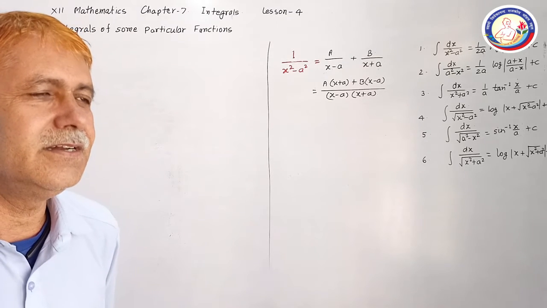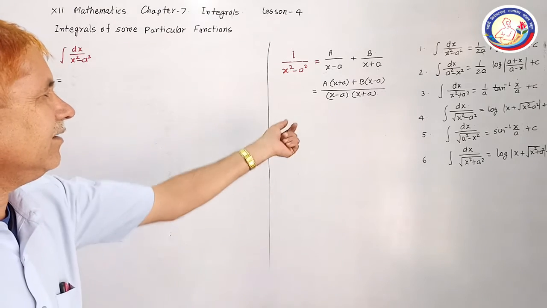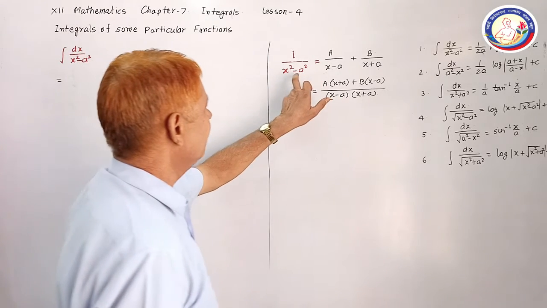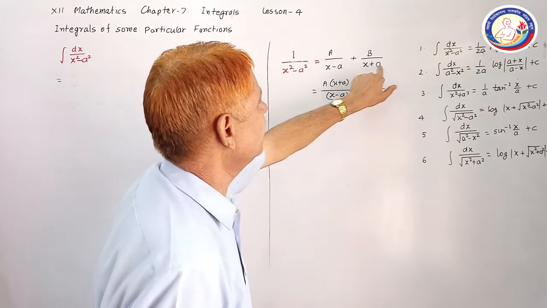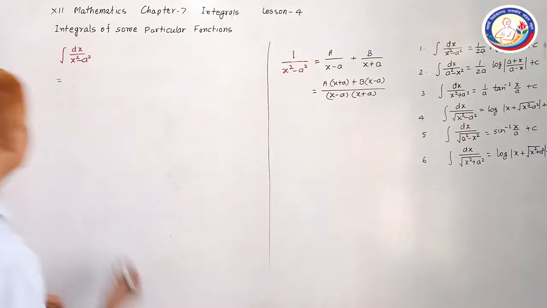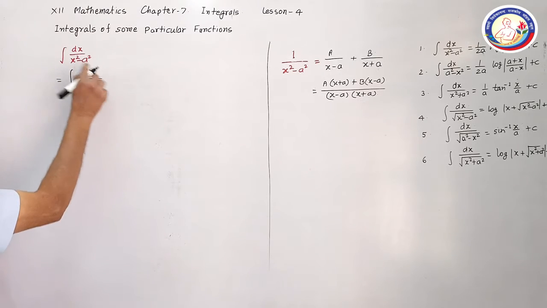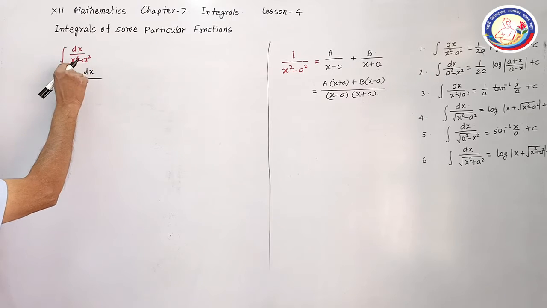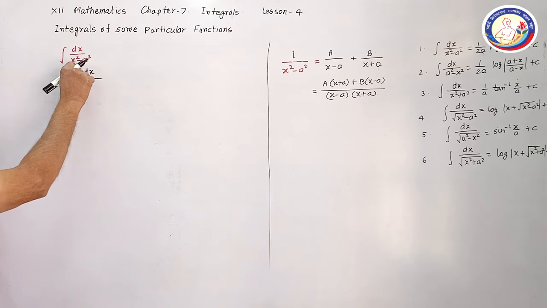We will study it in detail, but I am telling here only this. Here we are having the factors x minus a and x plus a. If we factorize this, we will get this dx upon this. Both the terms are perfect squares and there is a minus between them.